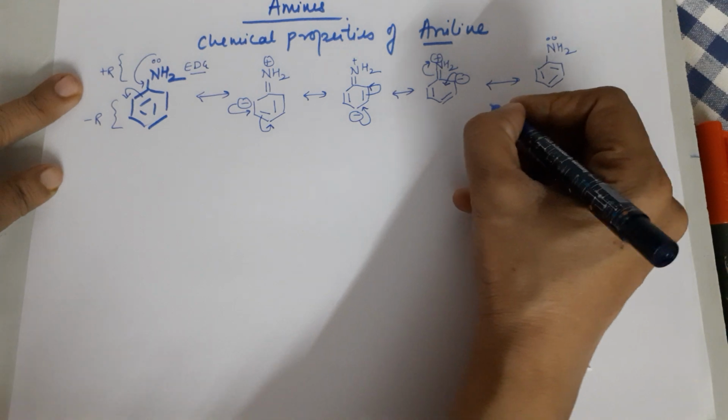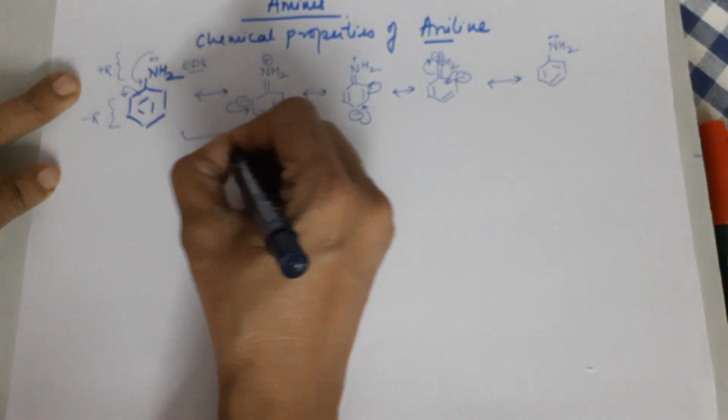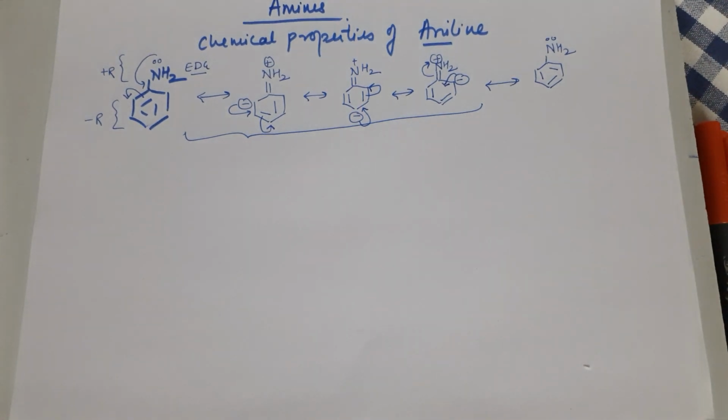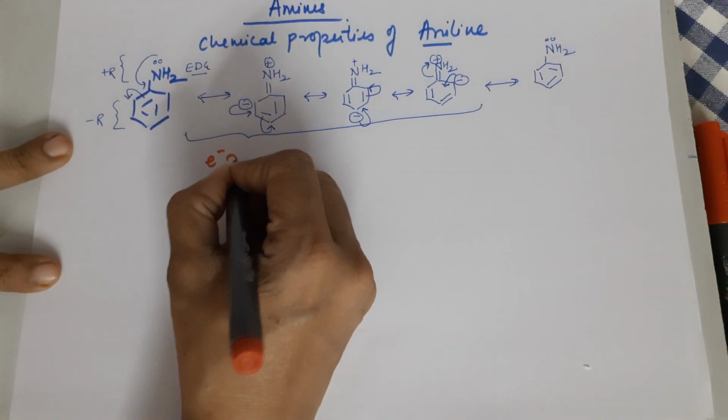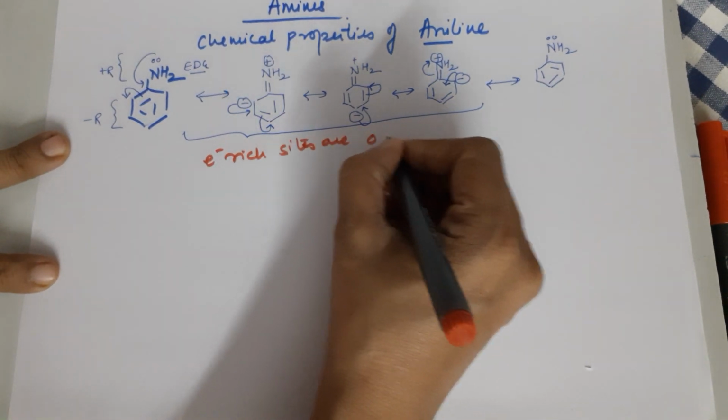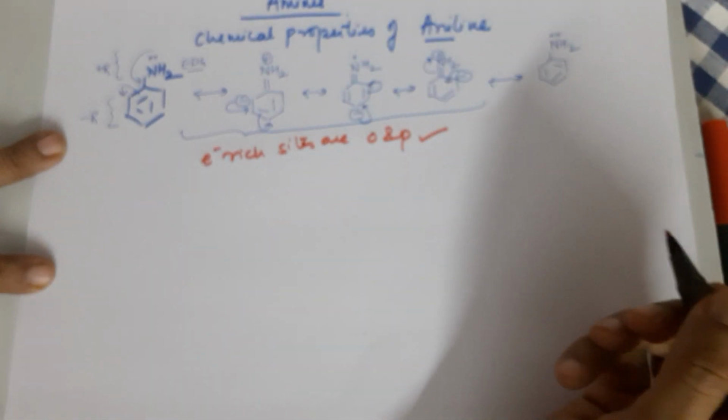So as you can see in the resonating structures of aniline, we come to a conclusion that electron rich sites are the ortho and the para sites.